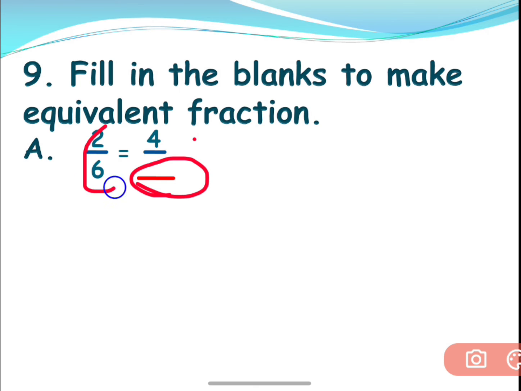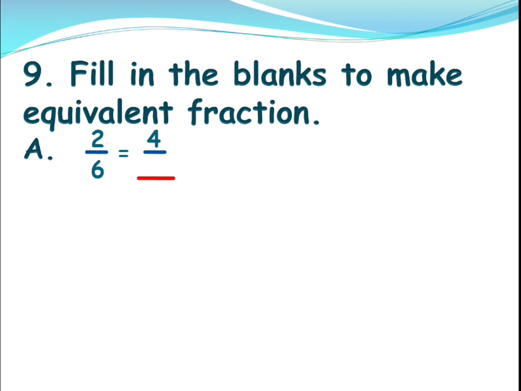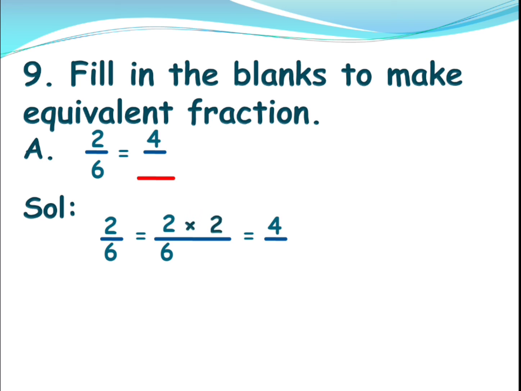The fraction is 2 by 6. The equivalent fraction is 4 by something. This dash we need to find out. How can we find it out? First write 2 by 6. And 2 by 6 is equal to how much? 2 by 6 is equal to 4 by dash, isn't it?